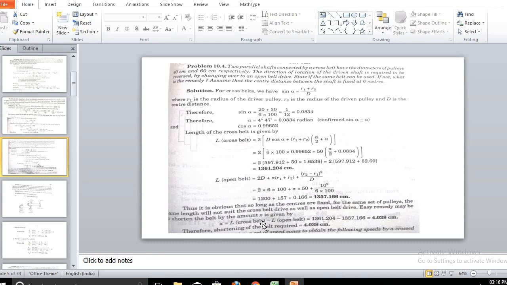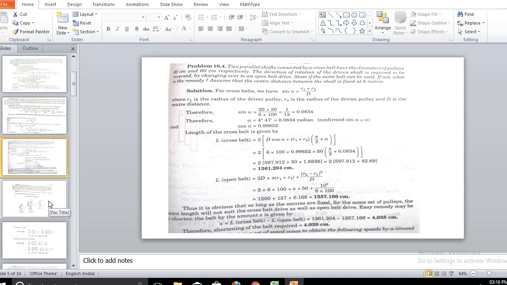So the easy remedy: the belt for the cross belt drive is about 4 centimeters longer, so we reduce this belt by 4 centimeters, and then we can use it for the open belt drive.